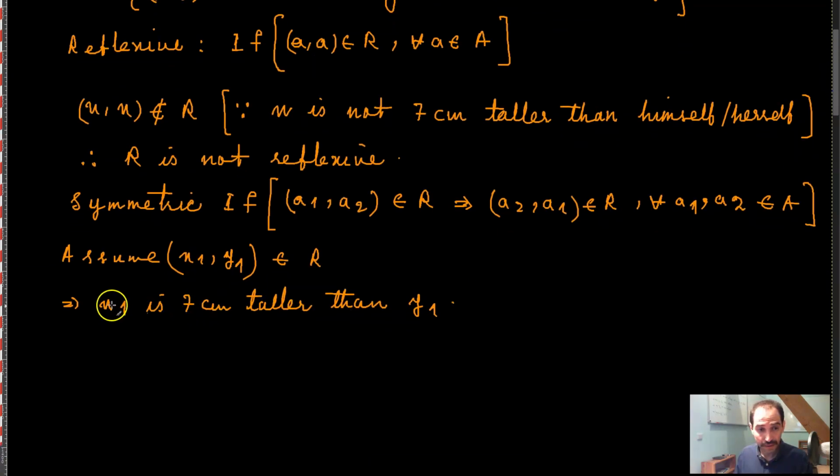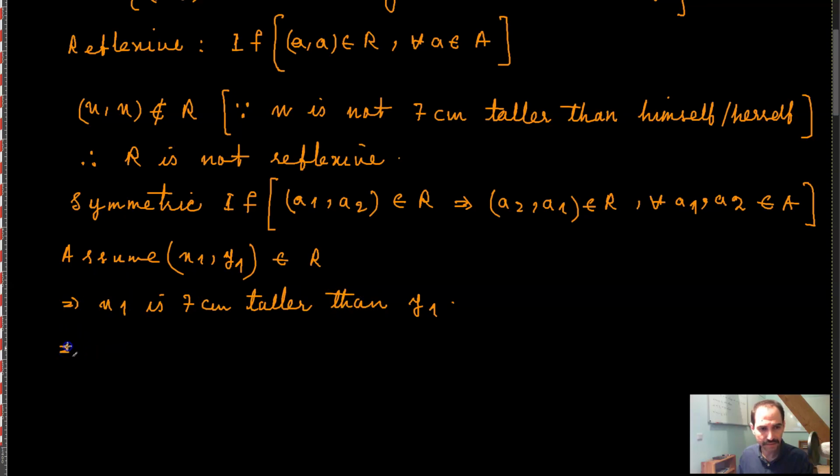And of course, if x1 is 7 centimeters taller than y1, that does not mean that y1 is also 7 centimeters taller than x1.